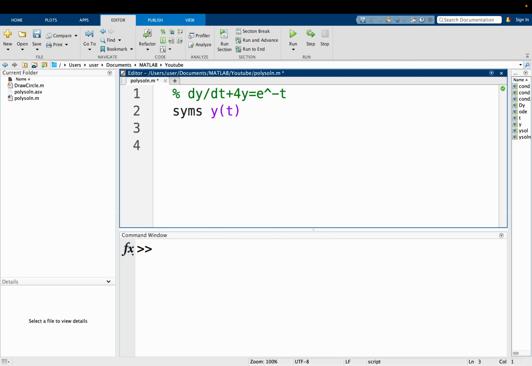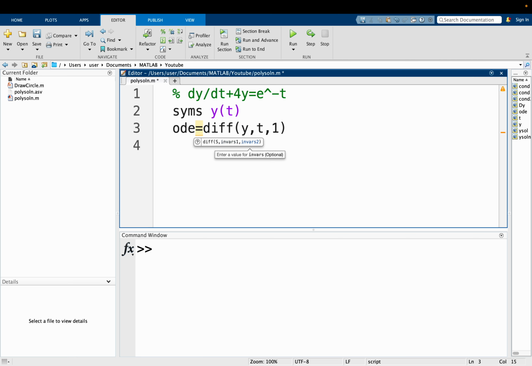The second thing is to define our ordinary differential equation. So ODE will just be equal to, so we have dy/dt. In order to define any derivative of first degree, second degree, up to nth degree, you can use diff, and you put the dependent variable, then the independent variable, then the degree, which is 1.